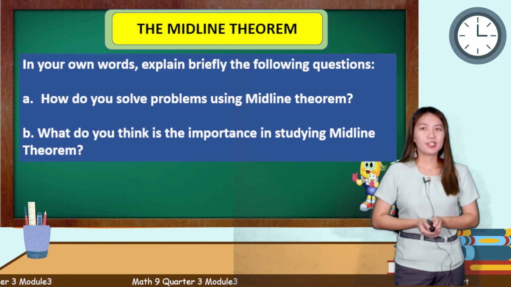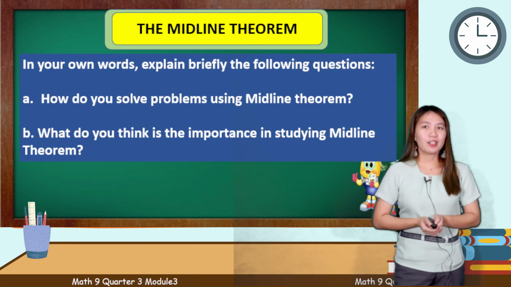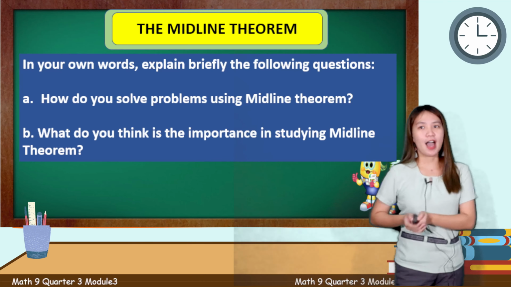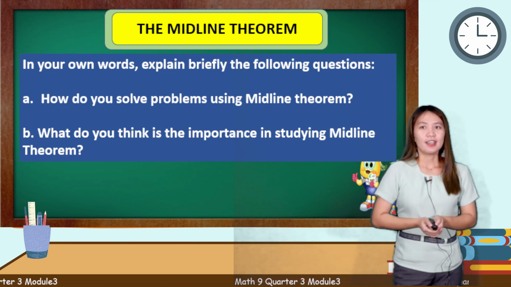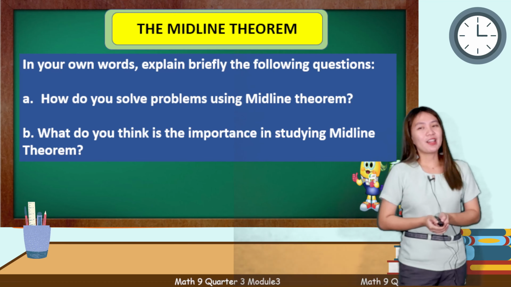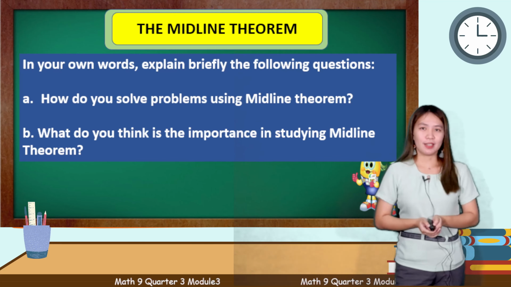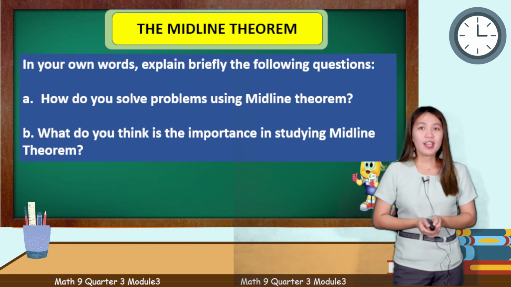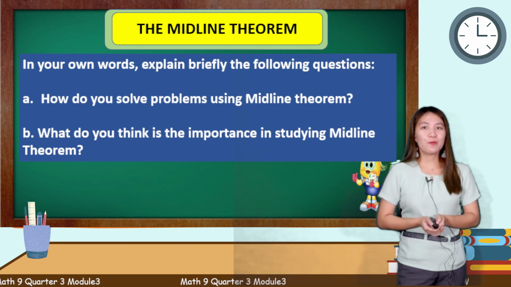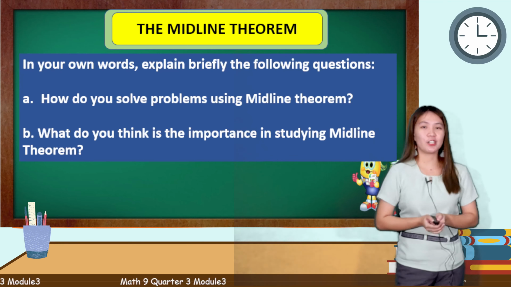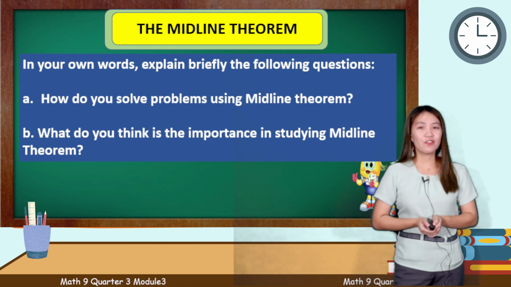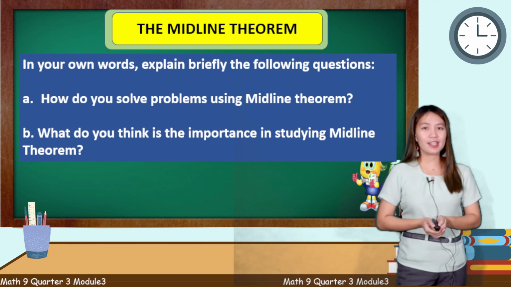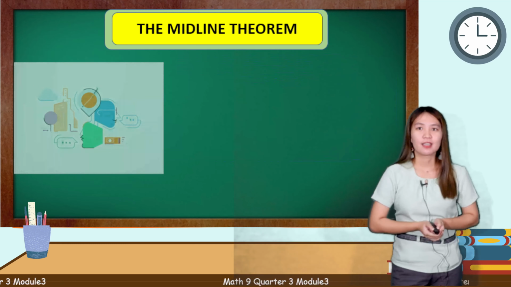Always check your answers to make sure that your measures are accurate. And then studying midline theorem is very important because it is used in finding specific information regarding the lengths of a triangle. It teaches us the value of measuring things accurately.